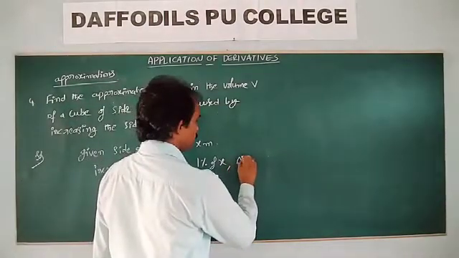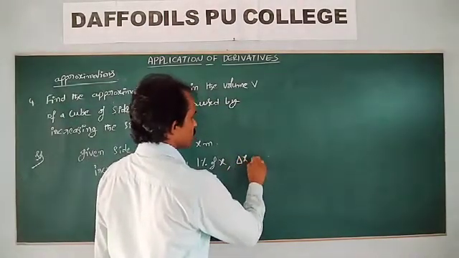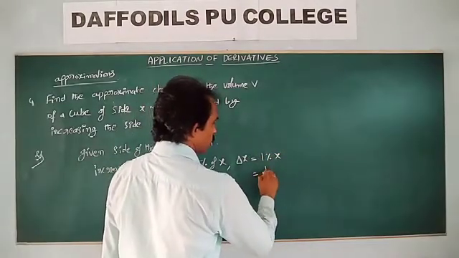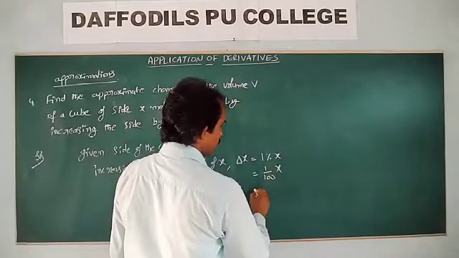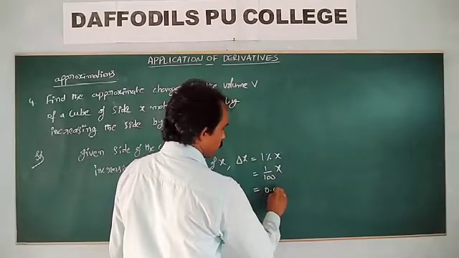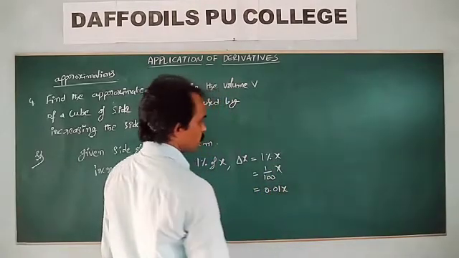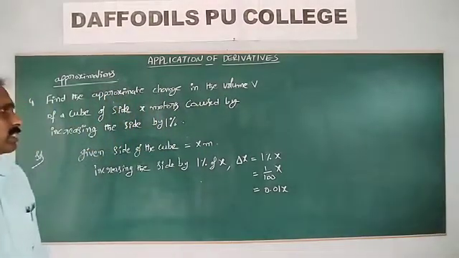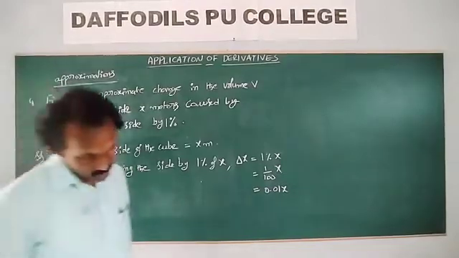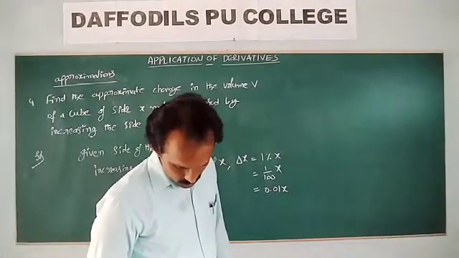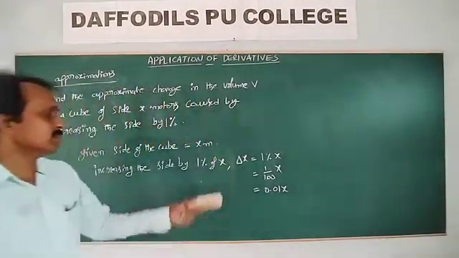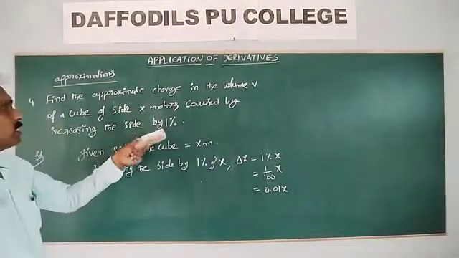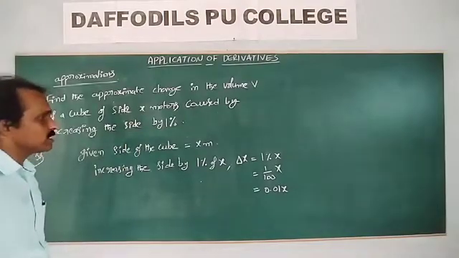That is nothing but the change in x, some change, 1% of x. 1% of x means 1 by 100 of x. This is nothing but 0.01 x, in meters, with x meters, and that is 1%.